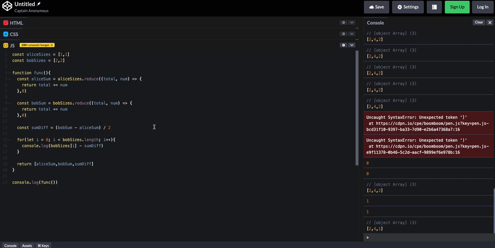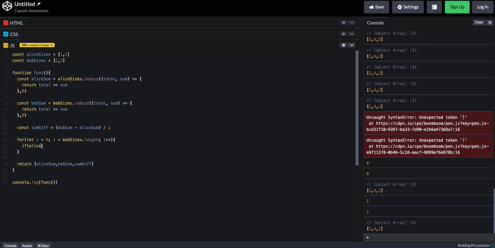So what we're going to do now is look to see if this is in Alice's sizes. Alice sizes, right? If it is, we return this and Bob sizes at i, right? Hopefully that makes sense.